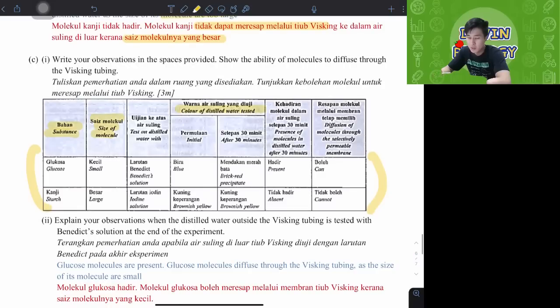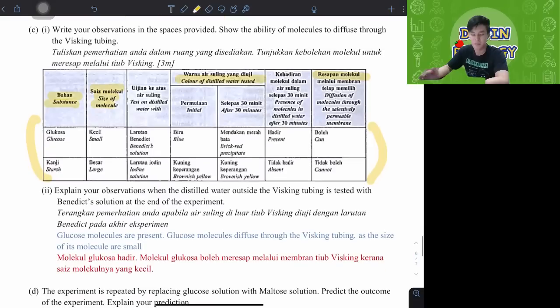Maybe you have to write the ability: yes or no, can or cannot. So glucose can, starch cannot. Glucose boleh, kanji tidak boleh. The one that can, of course, is kecil. The one that cannot, of course, is besar.